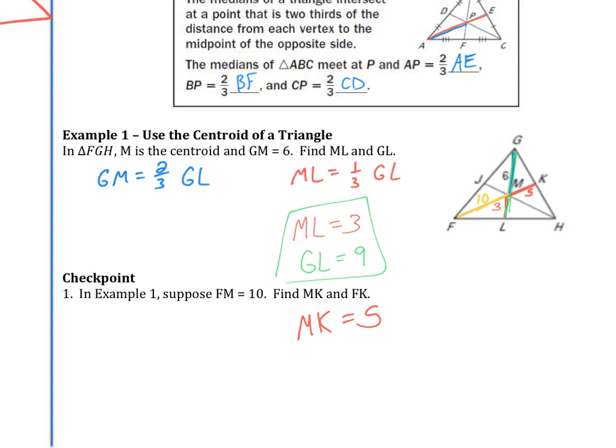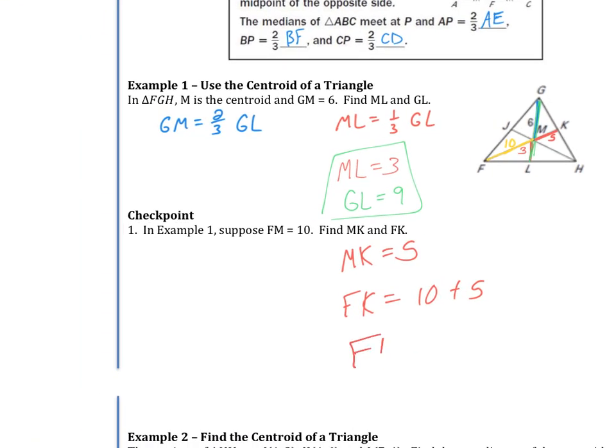If 1/3 is 5, 2/3 is 10. And then how big is it from F to K? F to K is 10 plus 5. So FK is 15. So MK is 5 and FK is 15. Again, by using that 2/3, 1/3 relationship.